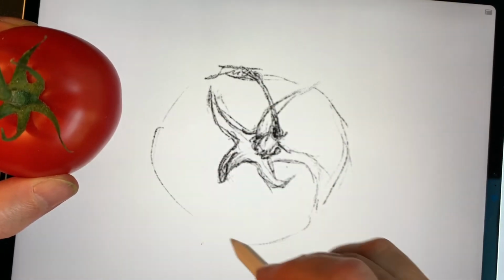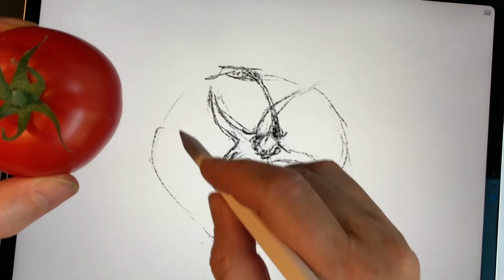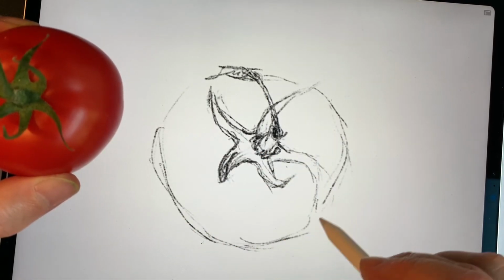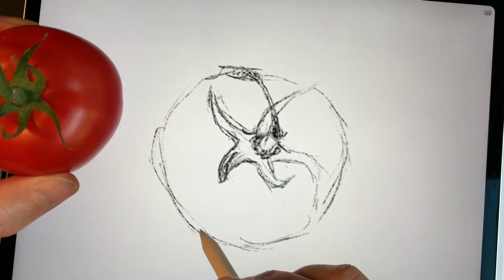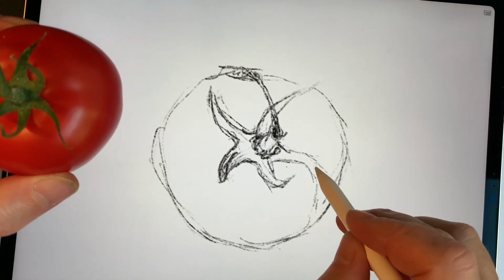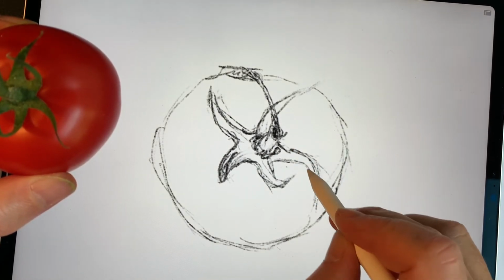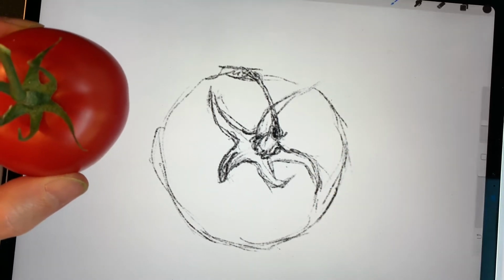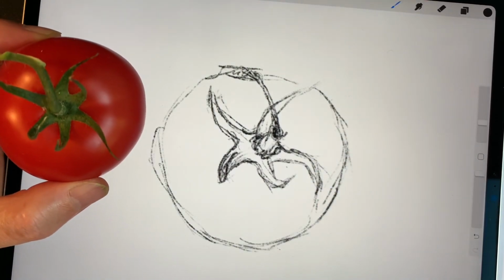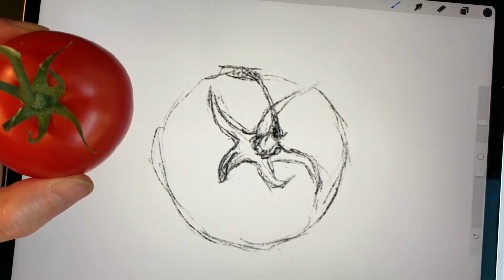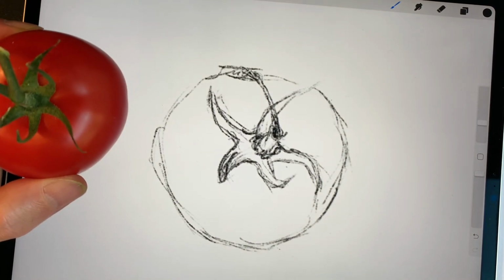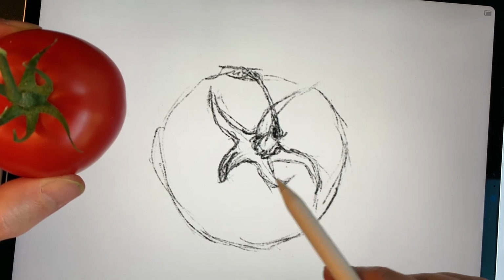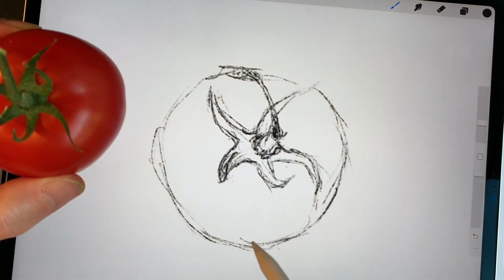I do the tomato here, and even the round shape, I'm going to narrow it down with different lines. I need maybe a little bit more contrast here. Okay, and so I have sketched my tomato. With the first fluttering stroke and then with several more strokes that delimit the shape, I'm going to narrow down the form.